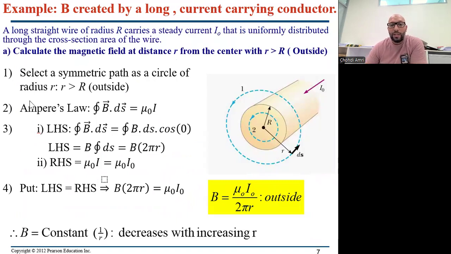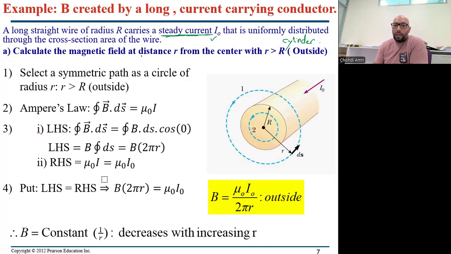The first example is the magnetic field created by a very long current carrying conductor. So we have a conductor in the shape of a cylindrical conductor. The question says: a long straight wire of radius r carries a steady current that is uniformly distributed through the cross-sectional area of the wire.